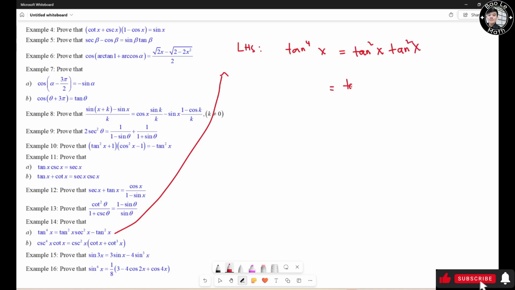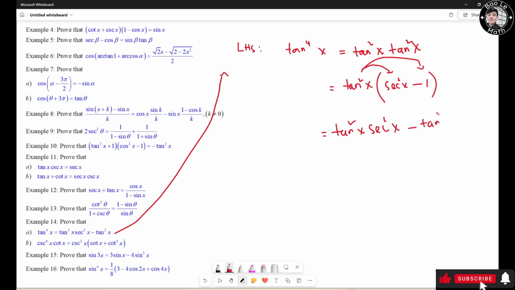So I just rewrite the first one, tangent square of s. Now the second one is going to be secant square of s minus 1 by the formula, right? So this one turns out to be, distribute this guy, it's going to be tangent square of s times secant square of s minus tangent square of s.